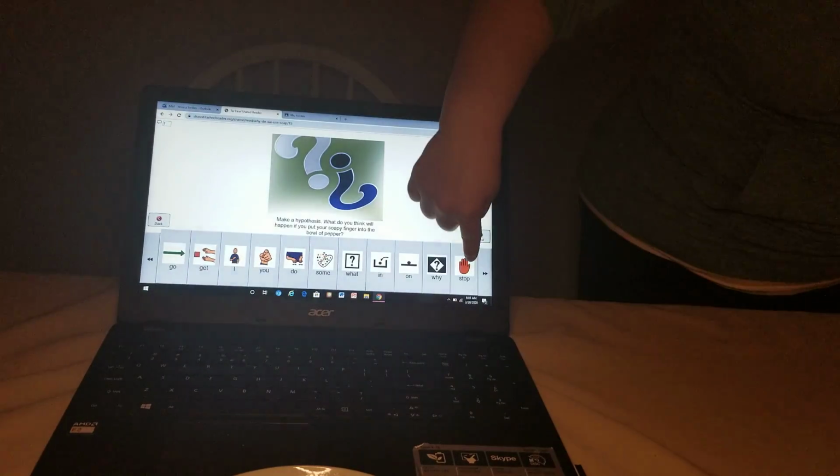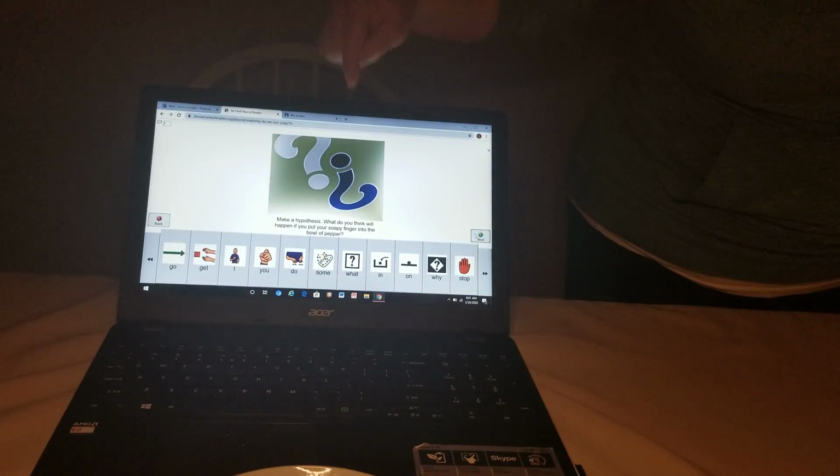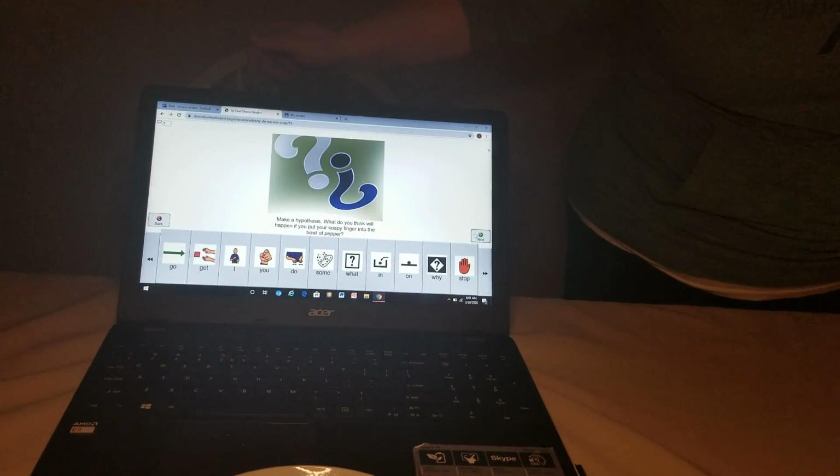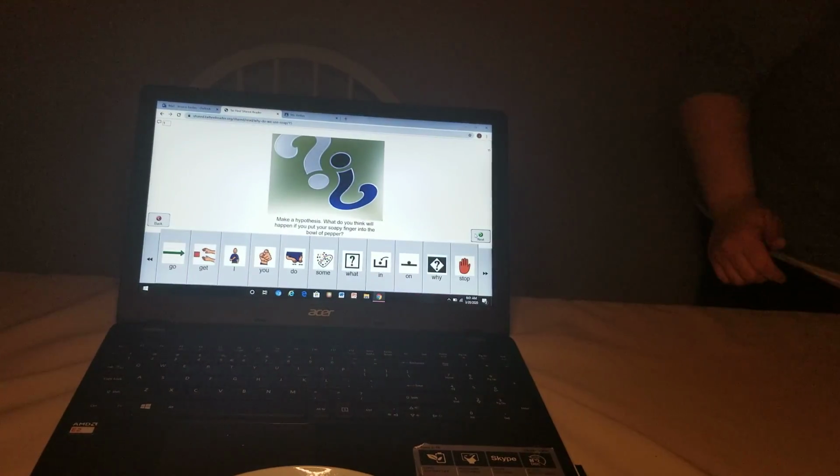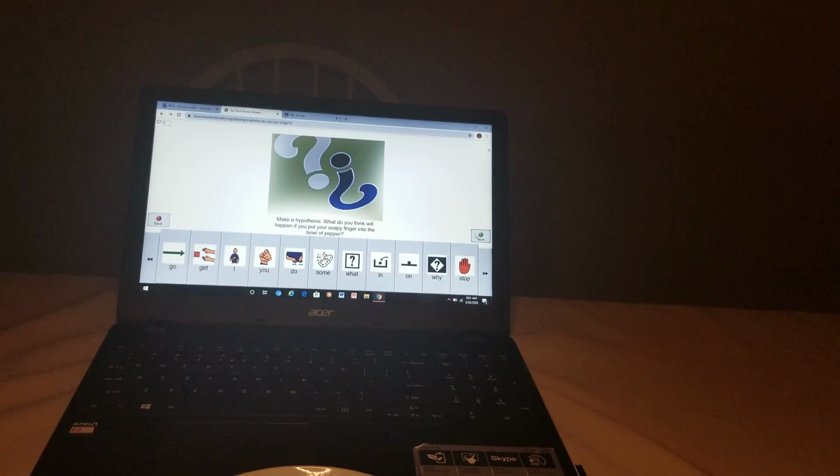So we're going to stop here and think about what will happen if you put your soapy finger in the bowl of our pepper germs. I think that the soap is going to keep my finger clean. What do you think?